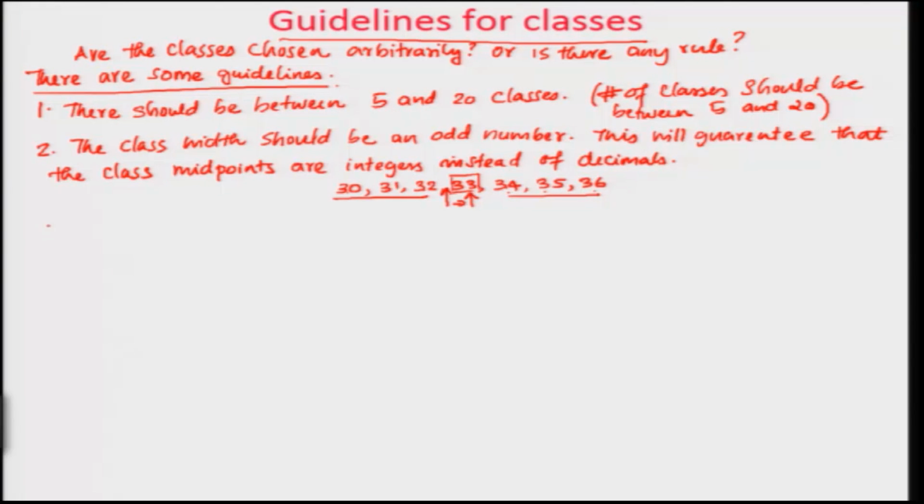All right. Now, the third rule: the classes must be mutually exclusive. But by the way, this guideline is usually violated. It is not very easy to follow this guideline. Classes must be mutually exclusive.